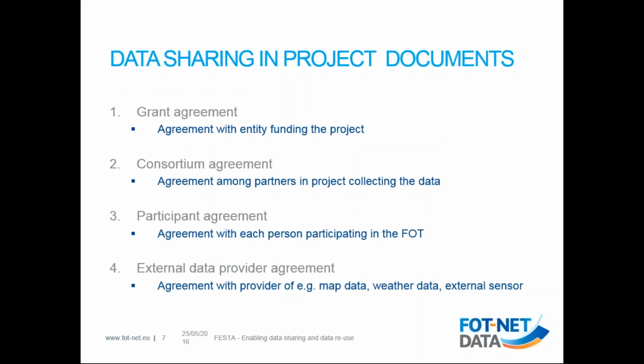And here it's very easy to focus on the project. What do we need for the project? And you don't think about, when you write the agreement, that you actually need to have the data also after the project, because you need the attributes, for instance, in the map data when you are going to reuse the data.